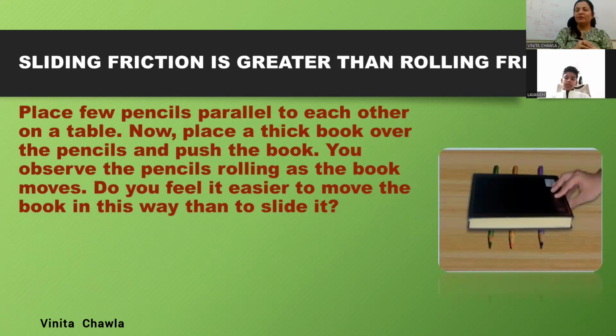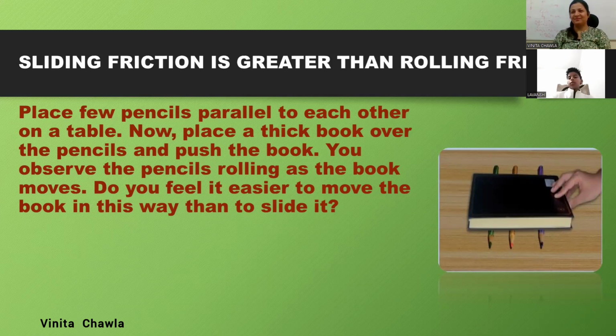Which one is easier? Simply sliding the book on the table, or keeping the pencils under the book and then rolling it? Keeping the pencils is easier.